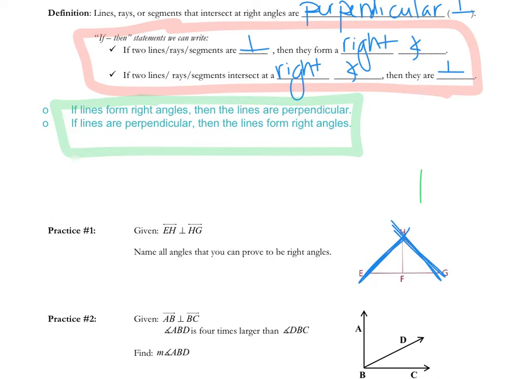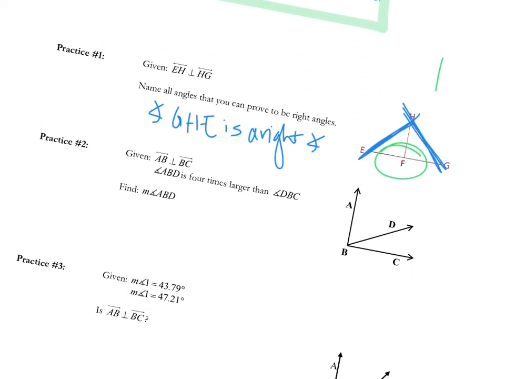So that means then that angle GHE is a right angle. We can't say, even though it looks like it, we can't say that's a right angle because we don't know about bisecting or perpendicularity. Okay. All right, let's look at example 2.